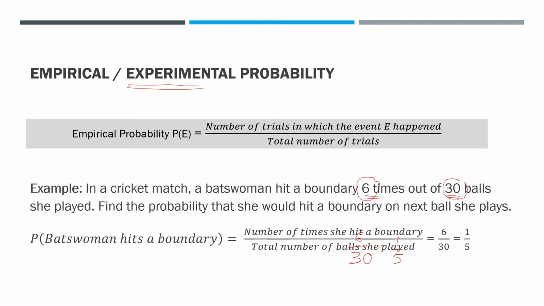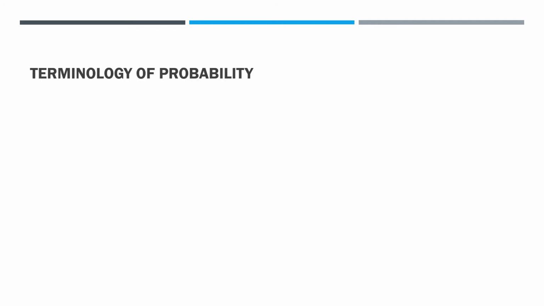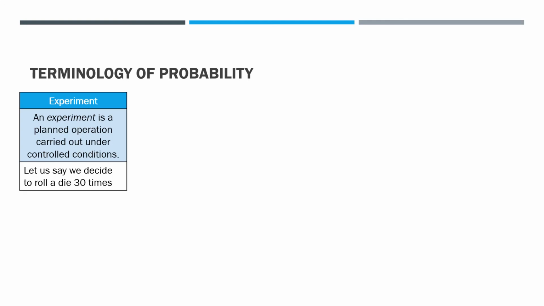But before that, let me introduce you to some terminology. Okay, terminology of probability. Experiment. An experiment is a planned operation carried out under certain controlled conditions. Let's take a simple example.